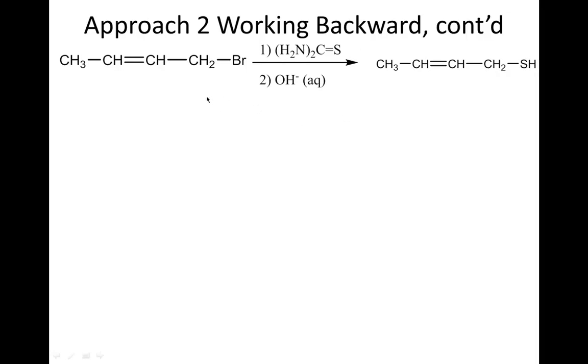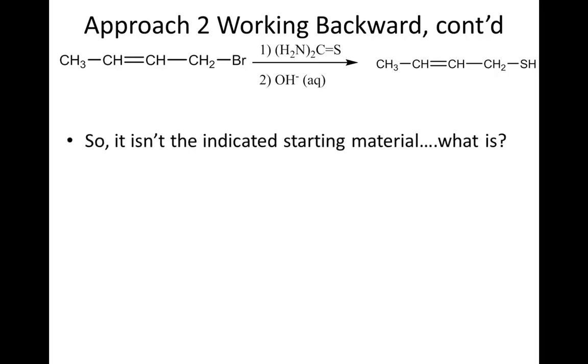Okay. So now what we think about is, so where did this come from? And remember, we have to ultimately have come from an ester. So where did this come from? And what does that have to do with esters? We can't get directly from an ester to this halide, so we have to think about that. It can't have been just one more step back.